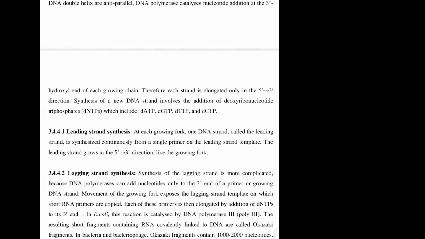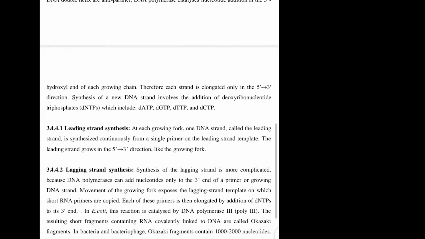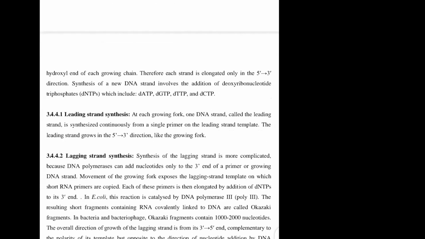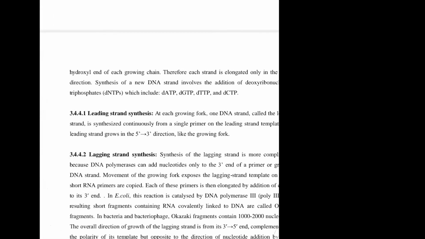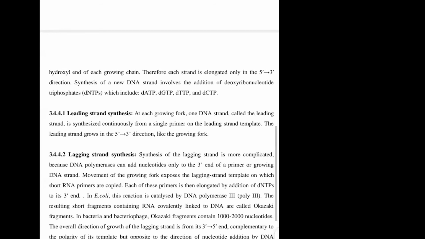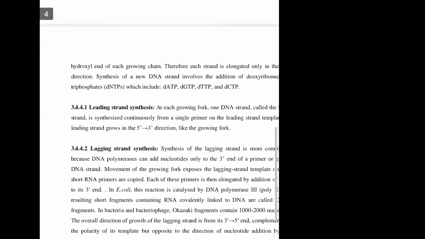So this is a polymerization reaction catalyzed by DNA polymerase. The two strands of the DNA double helix are antiparallel, meaning they face opposite directions. One strand is in the 3' to 5' arrangement, then the other one is in the 5' to 3'. It is important to understand that.